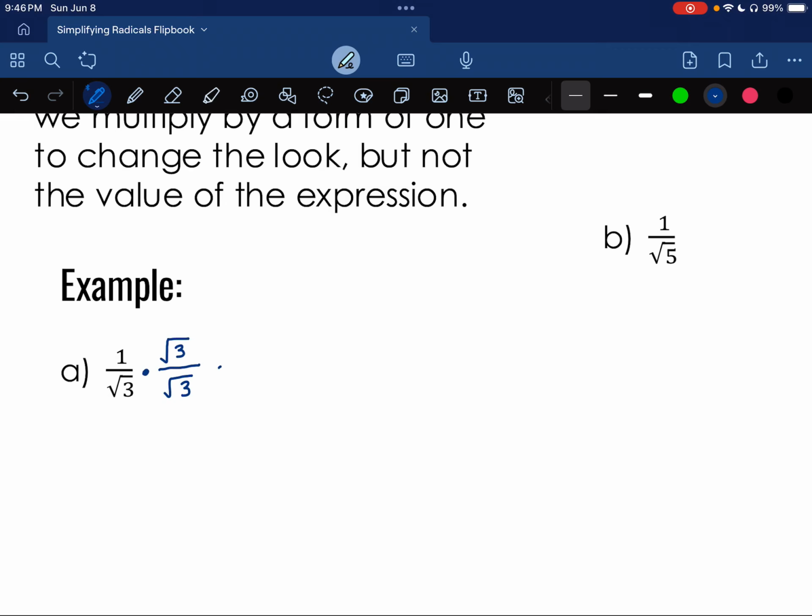Or you can think about it as multiplying those radicands using the property we had above, and I'll have the square root of 9, which we know and love as 3. So I just have radical 3 over 3, which has the exact same value. This is equivalent to what we had at the beginning, but it looks better in the eyes of mathematicians.